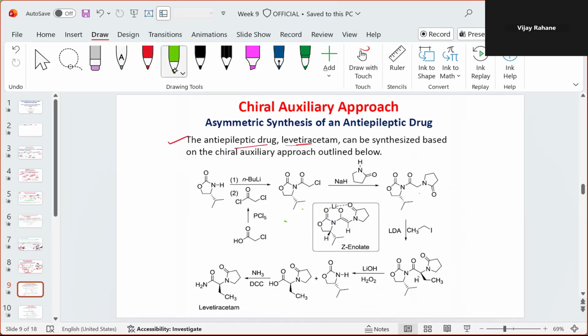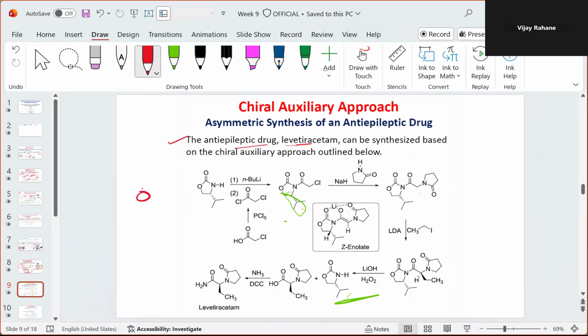If you closely analyze all the examples I have shown earlier and this example, mainly the stereochemistry present in the auxiliary part is responsible for the stereochemistry in the product. So when we want, let's say in this case, some opposite stereochemistry, what can we choose?